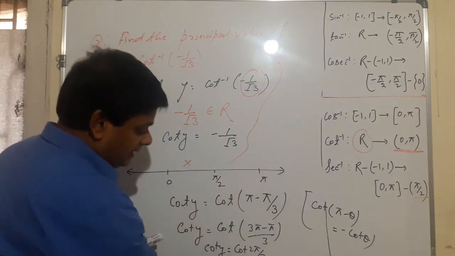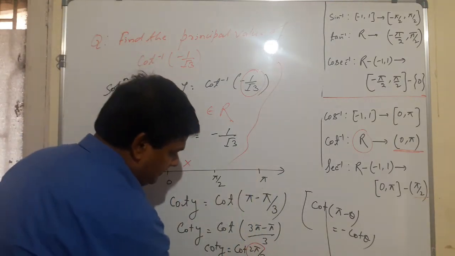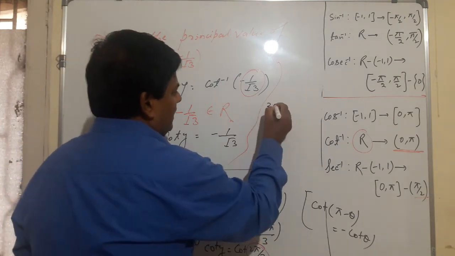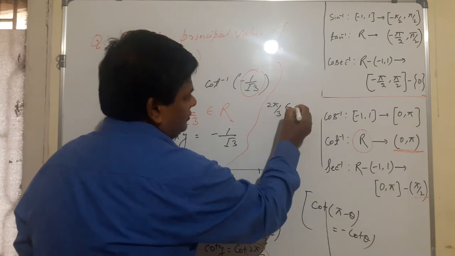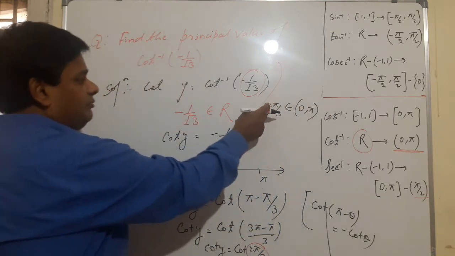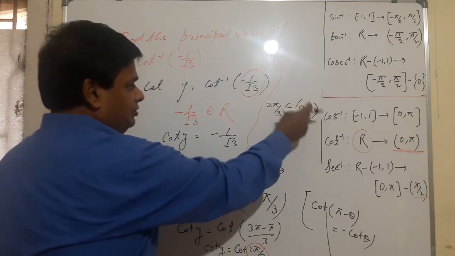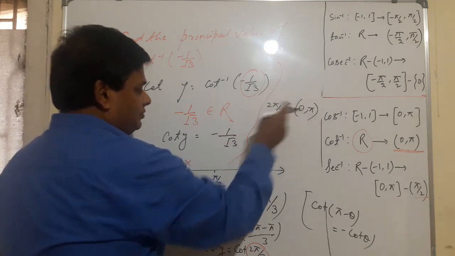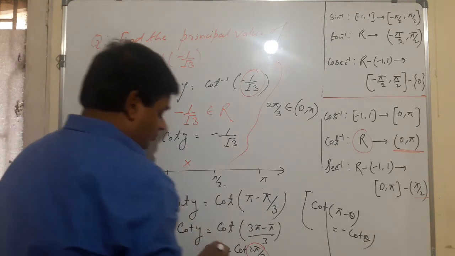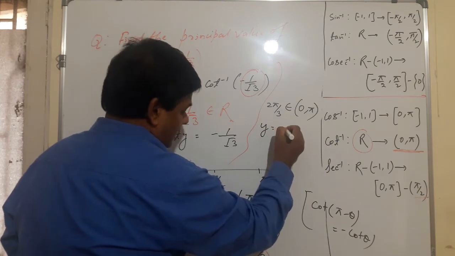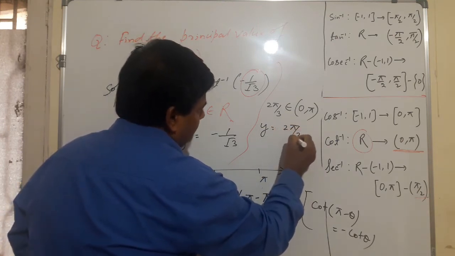So 2 pi by 3 belongs to 0 to pi, because 2 pi by 3 is 120 degree, and the range is 0 to 180 degree. So we can write y is equal to 2 pi by 3.